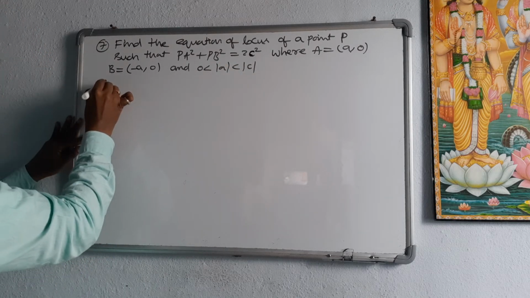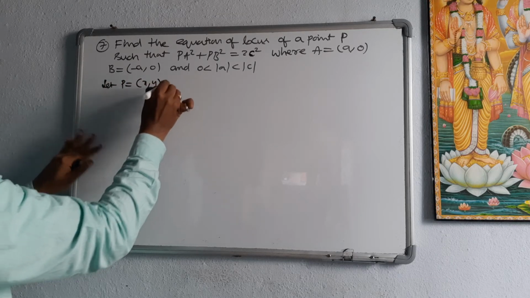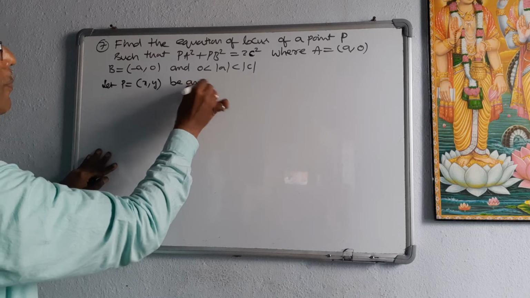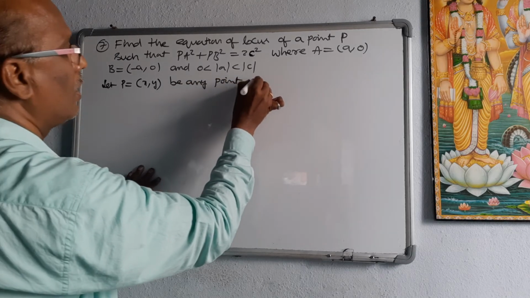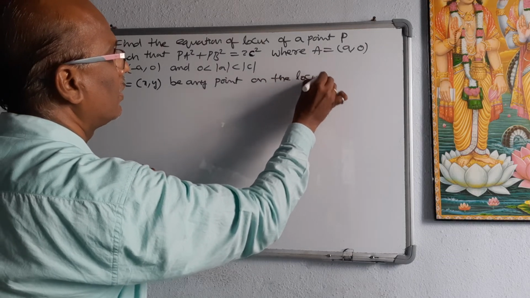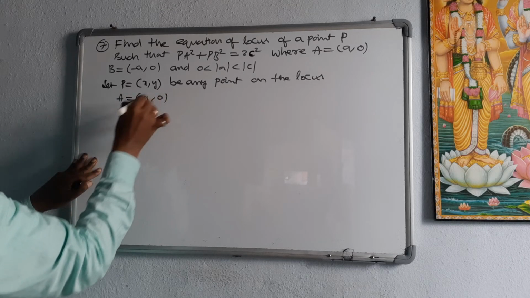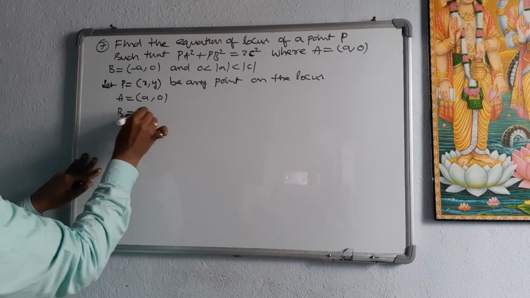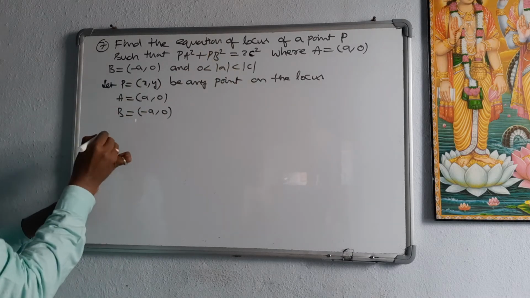Let P x comma y be any point on the locus. Here capital A equal to a comma 0 given in question, B equal to minus a comma 0. Here the given condition is directly given.